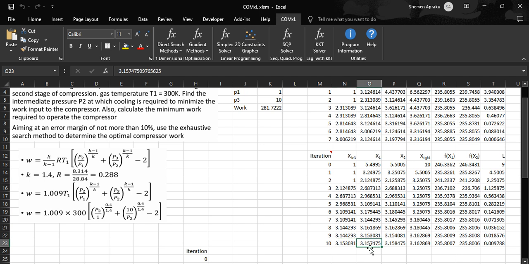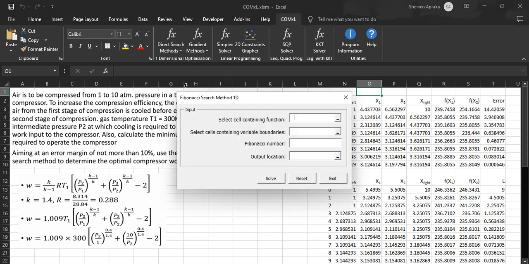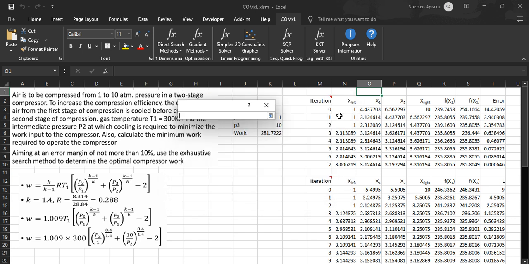So from the dichotomous method, after 10 iterations, we have the minimum pressure, that is the pressure P2, to be 0.1574 atm and 235.807 work was done.